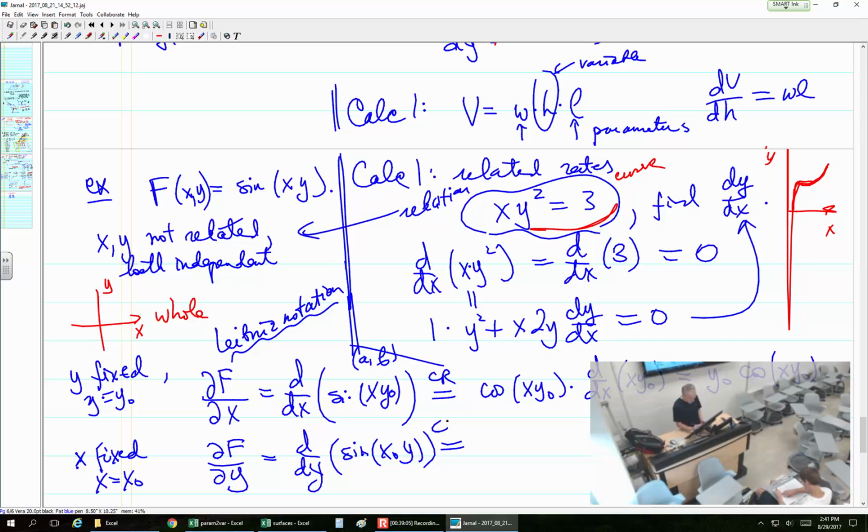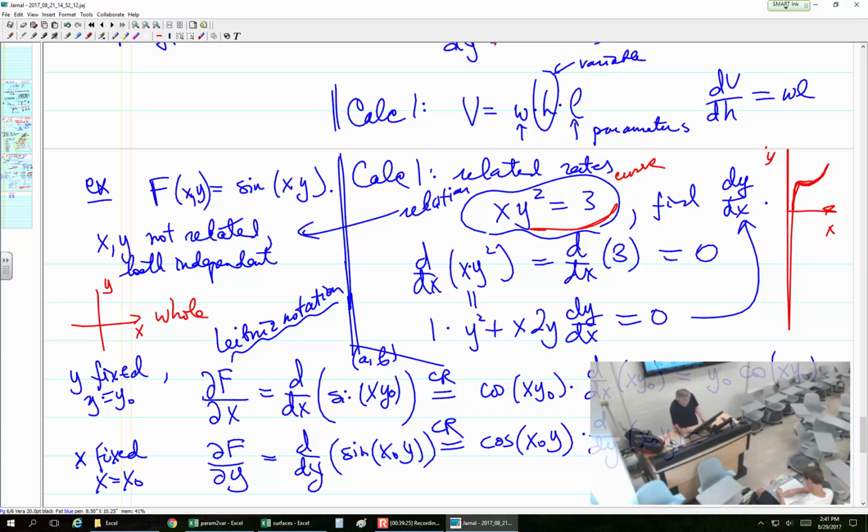The rest is exactly the same: chain rule, differentiation, cosine, the same functions are involved except for that extra coefficient, x naught. Here I multiply by the derivative of the function inside, which is d dy of x naught y.